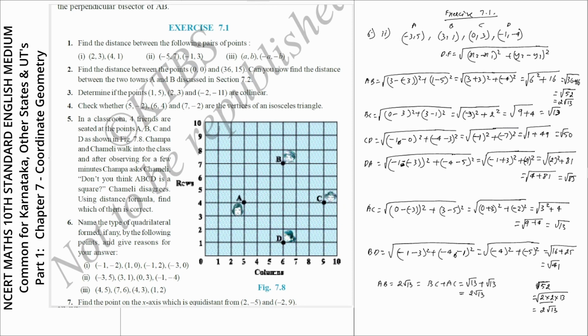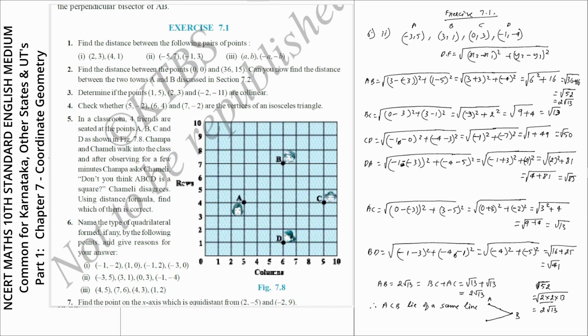So it means, therefore, A, C, B lie on the same line. That means the given points are like this. This is A, this is point B, and this is point C. Okay, it's like this. They are in the same line, and D is somewhere here.